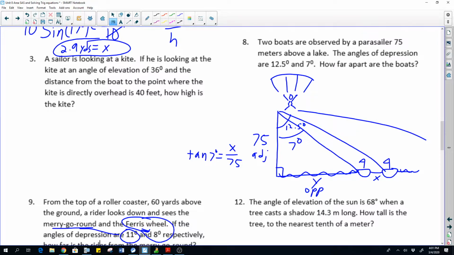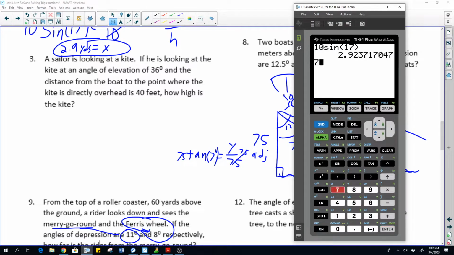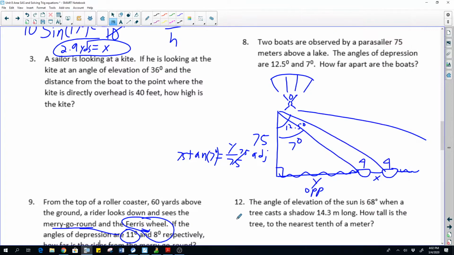So if we multiply 75 to the other side, we'll find out what y is. So we'll do 75 tangent of 7 degrees. So 9.2 meters. So this guy's 9.2 meters. That's that distance, that whole distance.